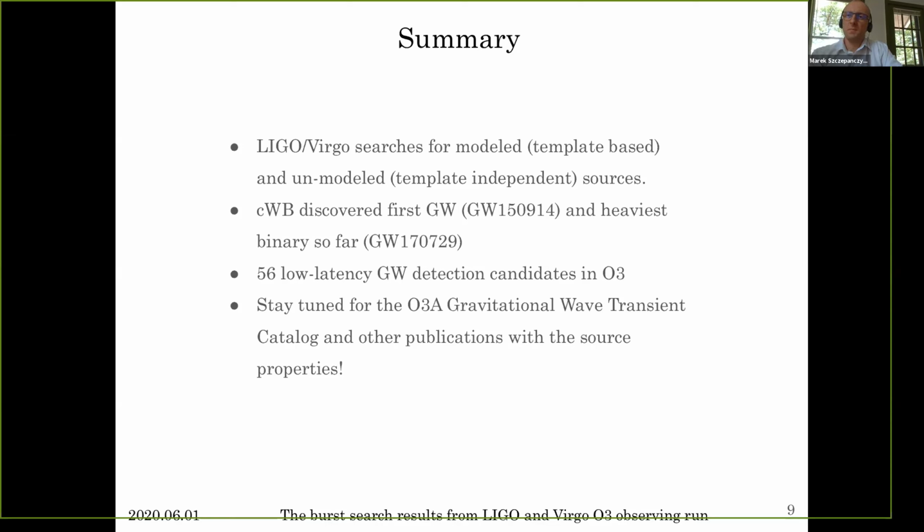Thank you. There's another question that was typed by Camille. It says, is there an ETA on the O3 catalog? What's the estimate on when the O3 catalog will be released? That's a good question. It should have been released a few months ago, but because of the COVID situation, everything is delayed.